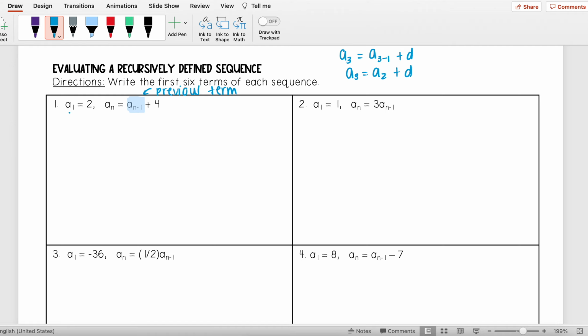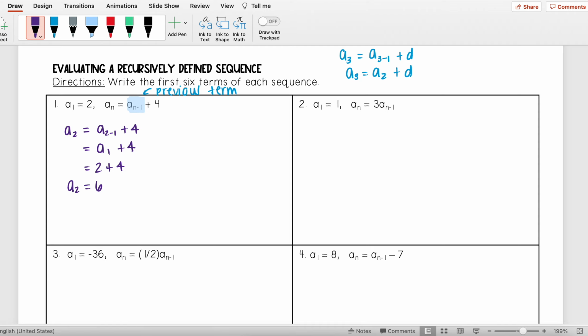I already know a1 is equal to 2. It gives that to me. So I have a2 is equal to, if I plug 2 in for n, a of 2 minus 1 plus 4, which is equal to a1 plus 4. Well, what is a1? a1 is equal to 2. So I get that a2 is equal to 6.